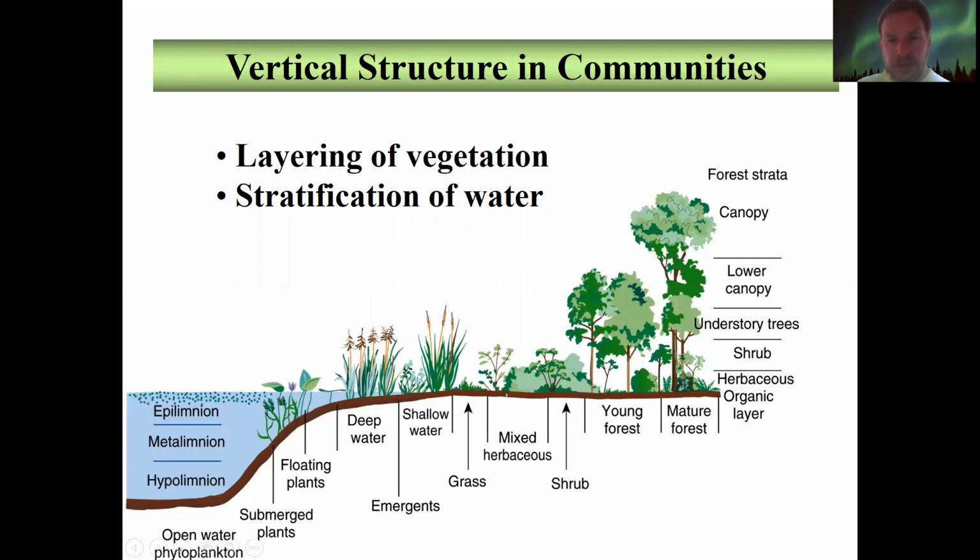And so some examples of vertical structure: layering of vegetation, stratification of water by temperature. You have warm surface waters and cool deep water. Water depth, that's an example of stratification. The littoral zone and the pelagic zone, with more layers.